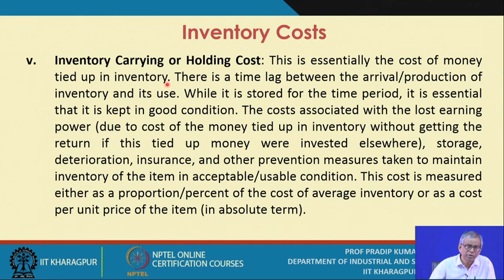So your inventory system should be such that the minimum amount of capital is tied up in inventory. That is to be ensured. And suppose in certain cases you find that it is too high, that means the amount of capital tied up in inventory as idle resource is very high.